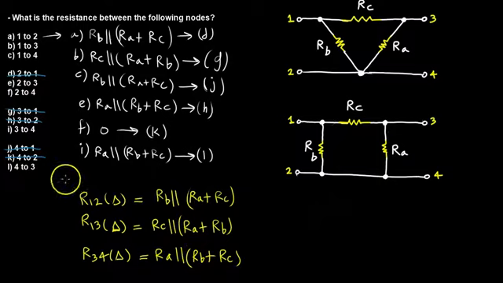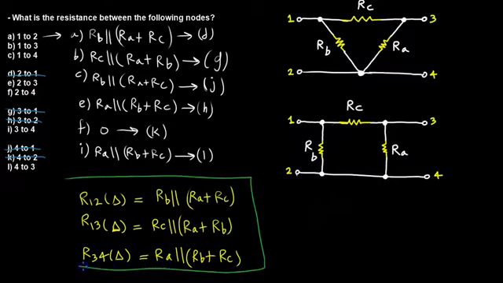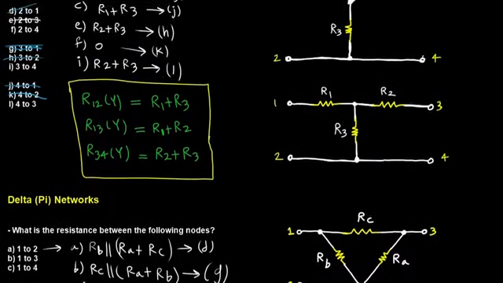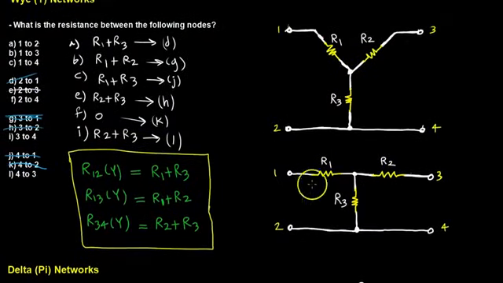Let me go ahead and box this also. Now, one thing that I didn't mention in the previous case that I should have was that R34 is going to be R2 plus R3. So looking from 3 to 4, we're going to see R2 plus R3 because the current flows through this loop. And given these results, we're now ready to go to the next topic, which is delta to Y conversions.